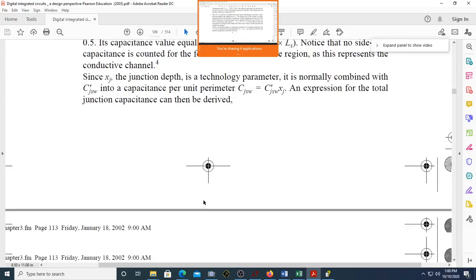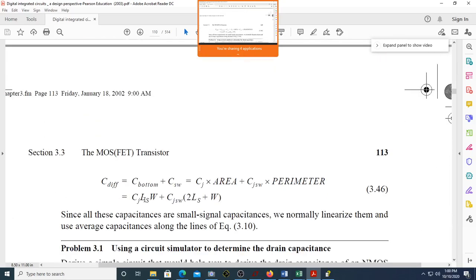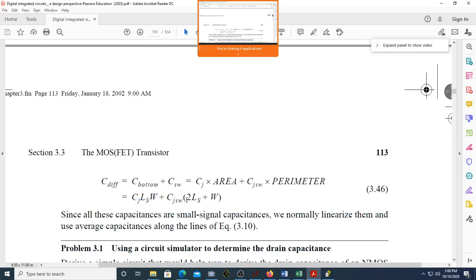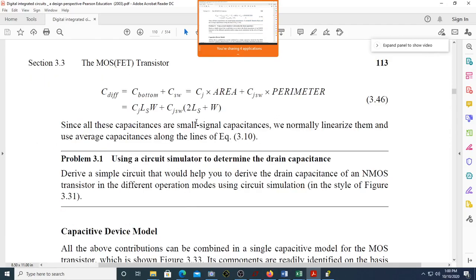That is what is mentioned here: this is Cj into Ls into W for the bottom region, and this is Cj sidewall for the sidewall region. This is the entire perimeter except the channel side. It's not 2Ls plus 2W, it is 2Ls plus W only.